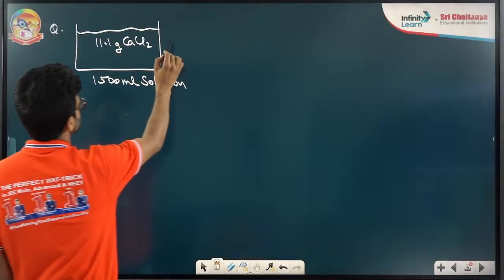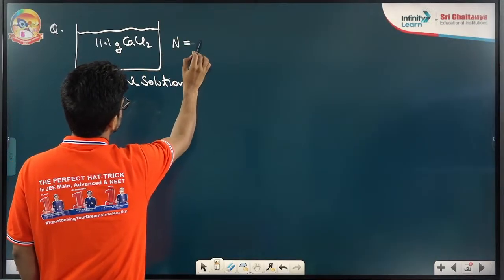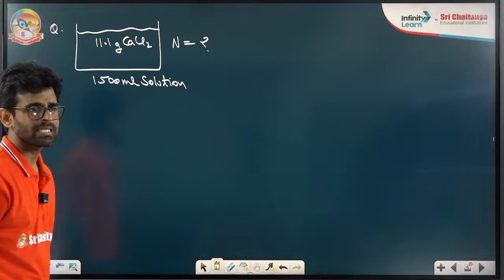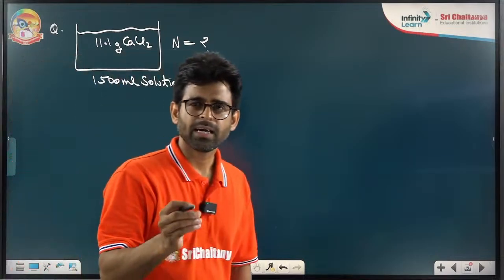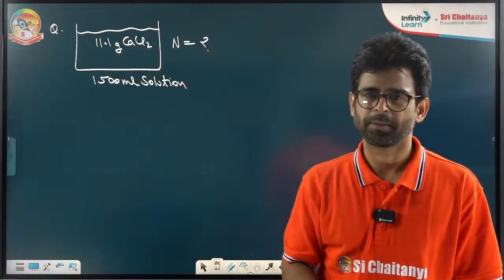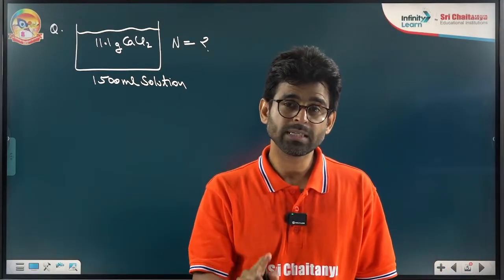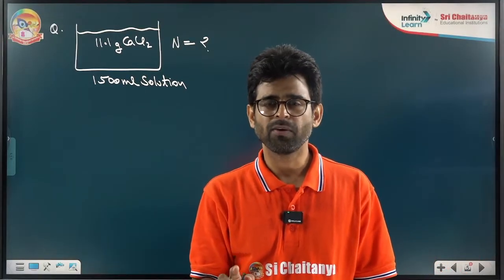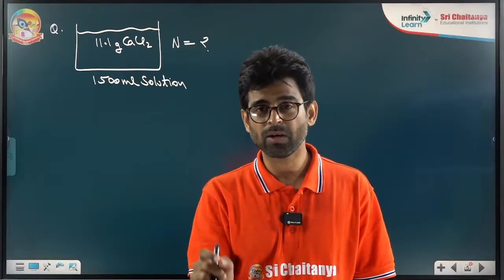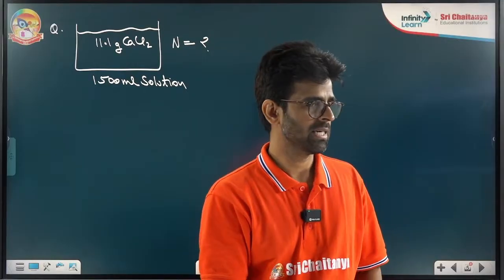The question is very clear. Find the normality of CaCl2, or just the normality of this solution. The solute is CaCl2. So find its equivalent weight, then find gram equivalents, and then go for normality. Do it fast.